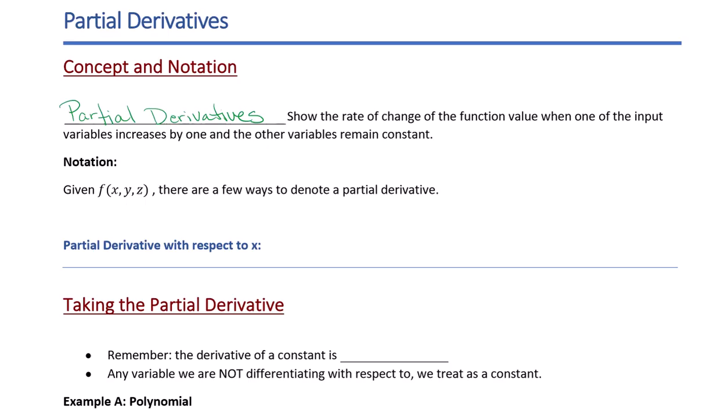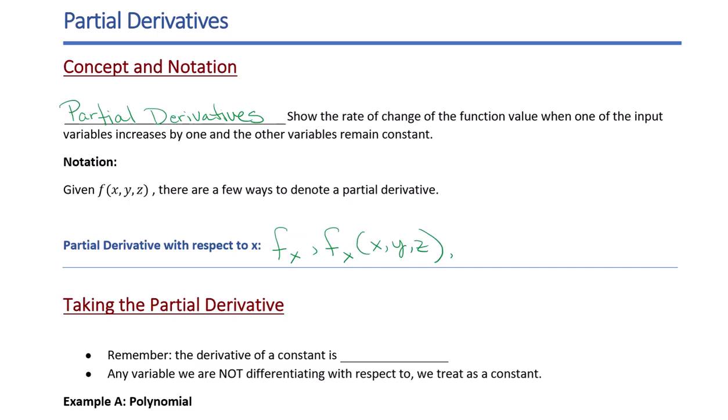So we may have a notation, let's say if we're given f of x, y, and z, there are a few ways that we can denote a partial derivative. If we have the partial derivative with respect to x, we might have f with a little subscript of x. They might use the entire notation with a subscript of x, y, and z.